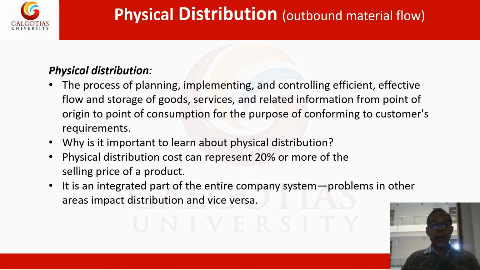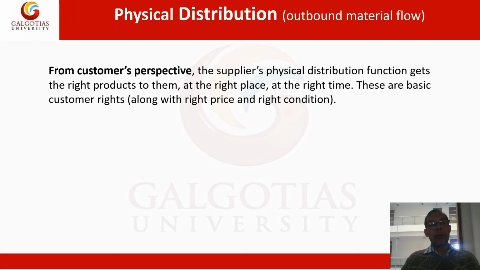It is an integrated part of the entire company system, and other areas impact the distribution and vice versa. From the customer's perspective, the supplier's physical distribution function gets the right product at the right place at the right time and with the right price, at the least price, you can say, and the right condition. This is the customer's perspective.